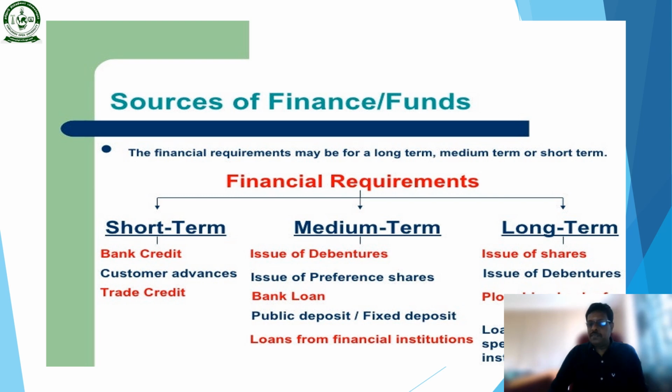The short-term funds last more than 1 year but less than 5 years. The sources include all borrowings from public or commercial banks, commercial papers, loans from a financial institute, or very short-term lease financing. These are the short-term finance. If you take any bank credit, we have to repay it within the stipulated period.